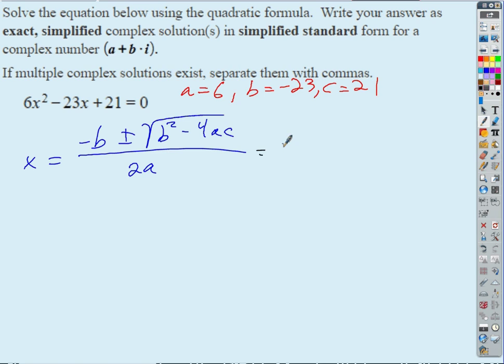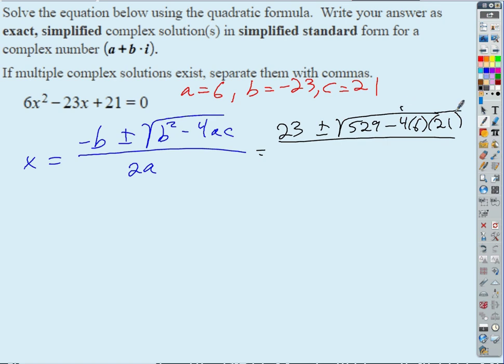Negative b is 23, plus or minus the square root of b squared minus 4ac. 4 times 6 times 21: 6 times 21 is 126, times 4 is 504. So we've got 529 minus 504, all over 2 times a.